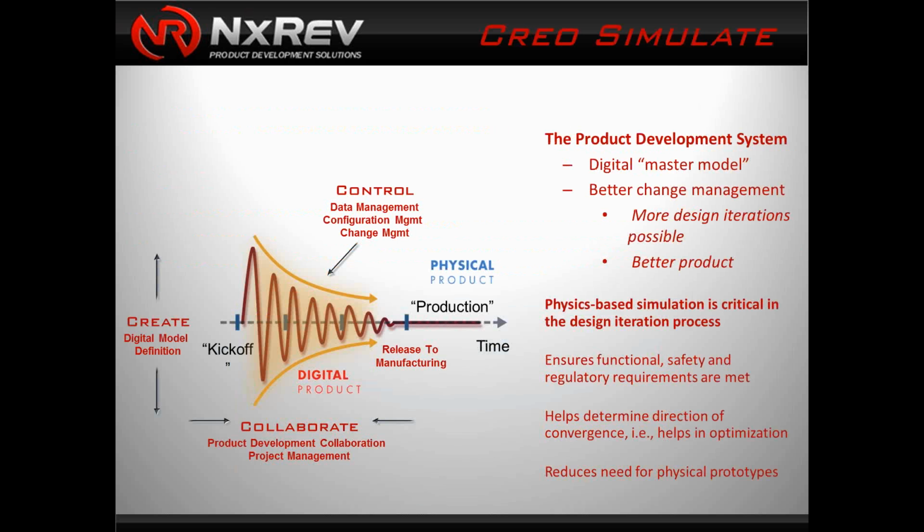So a little bit about Creo Simulate. Creo Simulate is going to allow us to work with the products that we're designing and leverage the digital tools that we have so that we do not need to have prototypes printed or manufactured.